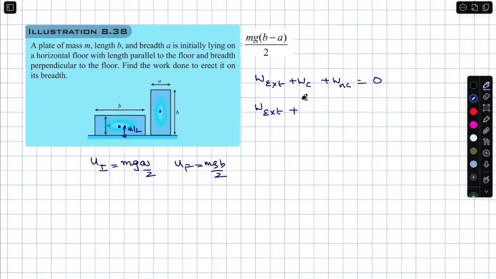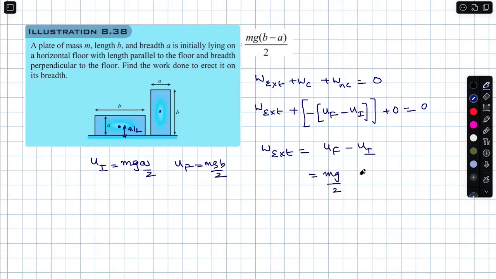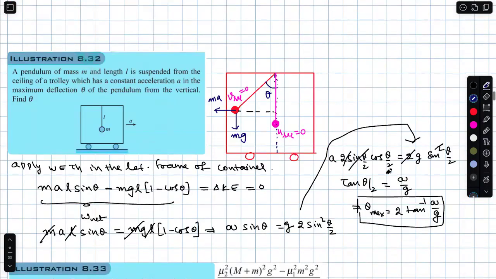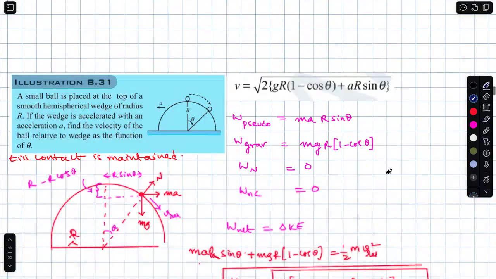The work done by conservative force is minus of U final minus U initial, and there is no non-conservative force here. So the external work is simply U final minus U initial, which is mg by 2 times B minus A. It's a very simple observation. Okay, clear? Right, I did springs unnecessarily today, no issues.